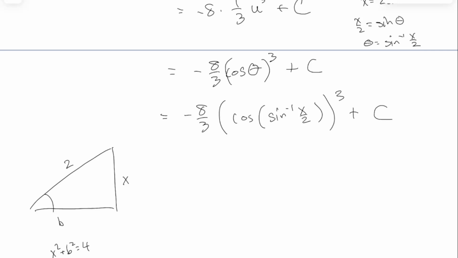Solving that for b gives square root of 4 minus x squared. And then finally, I take the cosine of that angle, which is the adjacent, that square root thing, over the hypotenuse, which is 2. So this is my well and truly final answer: adjacent, square root of 4 minus x squared, over the hypotenuse, 2.